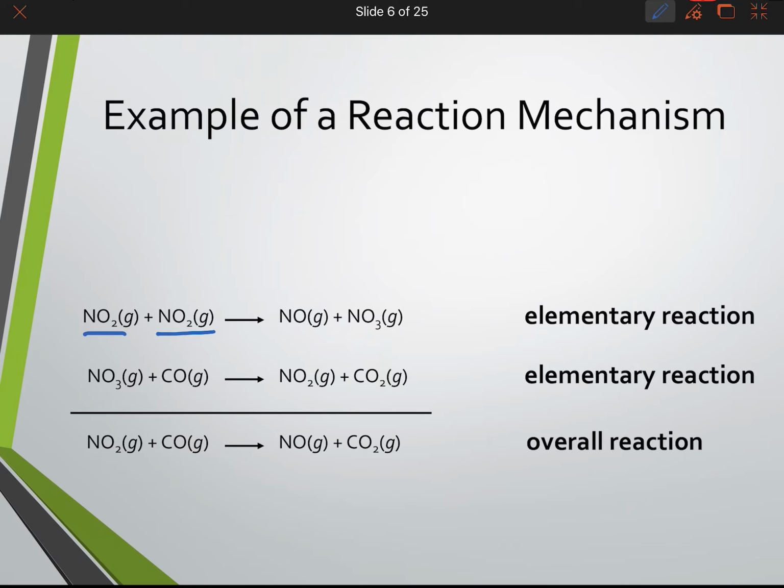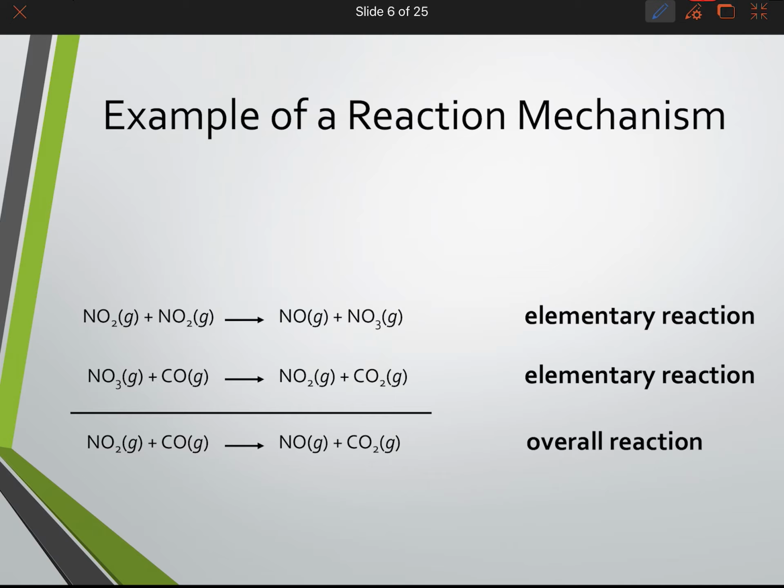Okay? Now, if we look, NO3 is produced in this reaction and then consumed in this reaction. Okay? Anytime we have something that is produced in one reaction, then consumed in another one, we call that an intermediate. Okay? So this is something that doesn't actually show up in the overall reaction, but it is part of the reaction mechanism.